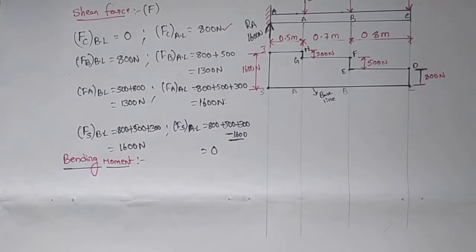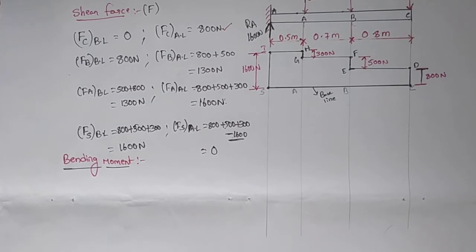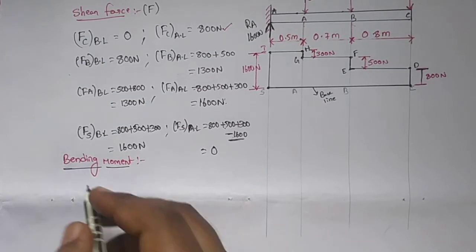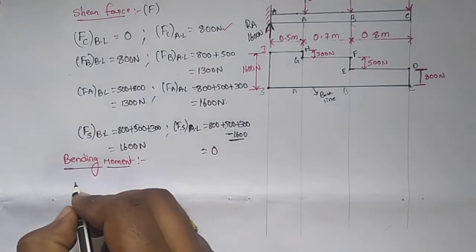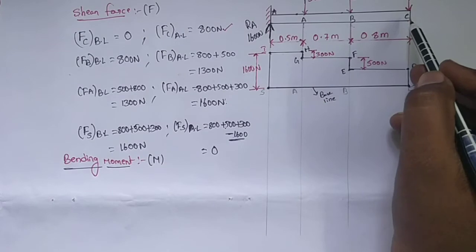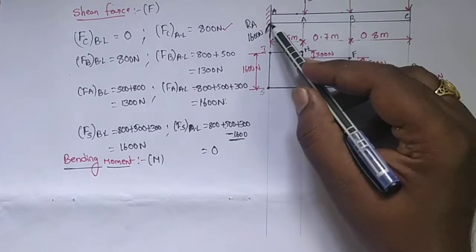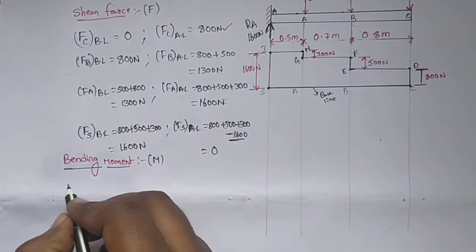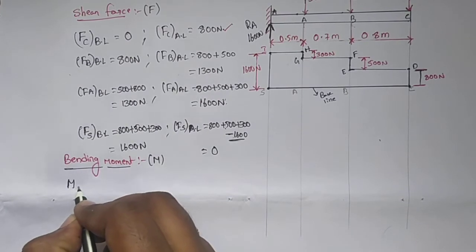The bending moment is denoted by M. We need to calculate bending moment at every point C, B, A and the fixed support. First I am calculating bending moment at point C.